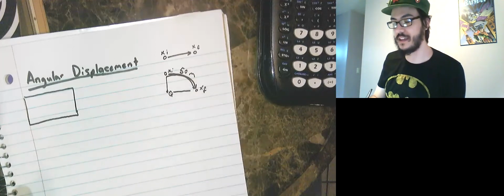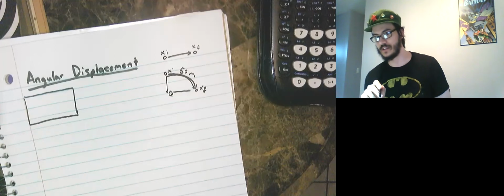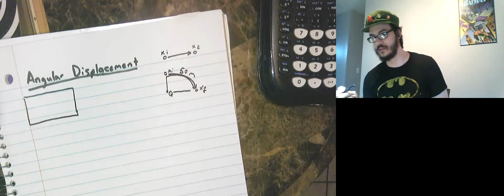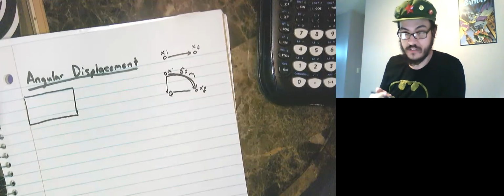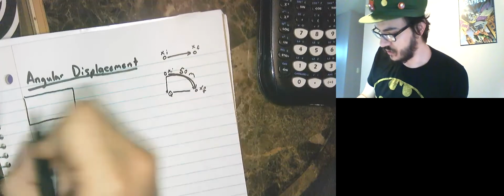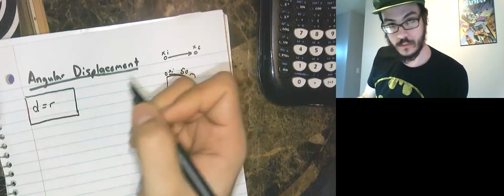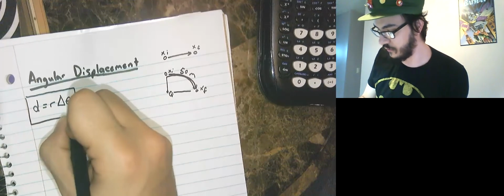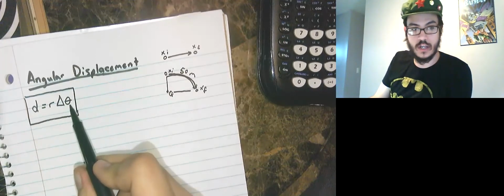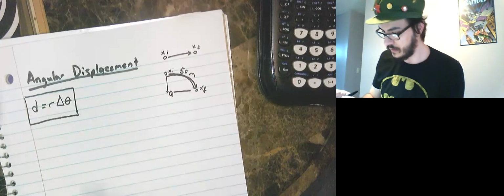So if we think about it like that, meters per radius, what would you need to do in order to turn that into just meters? Multiply it by the radius. Here, I'll show you. The distance would be the radius times your angular displacement. That is the change in angle, capital delta, lowercase theta.